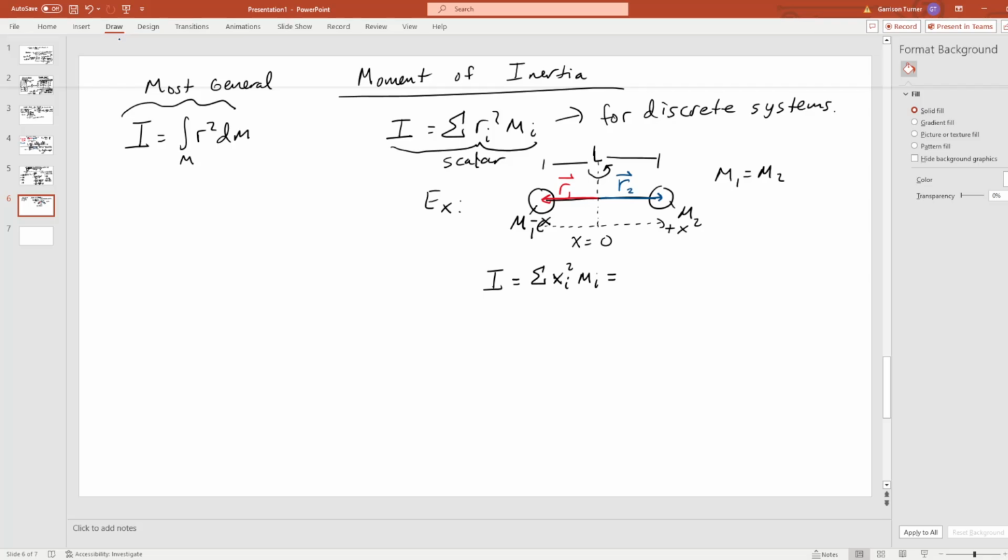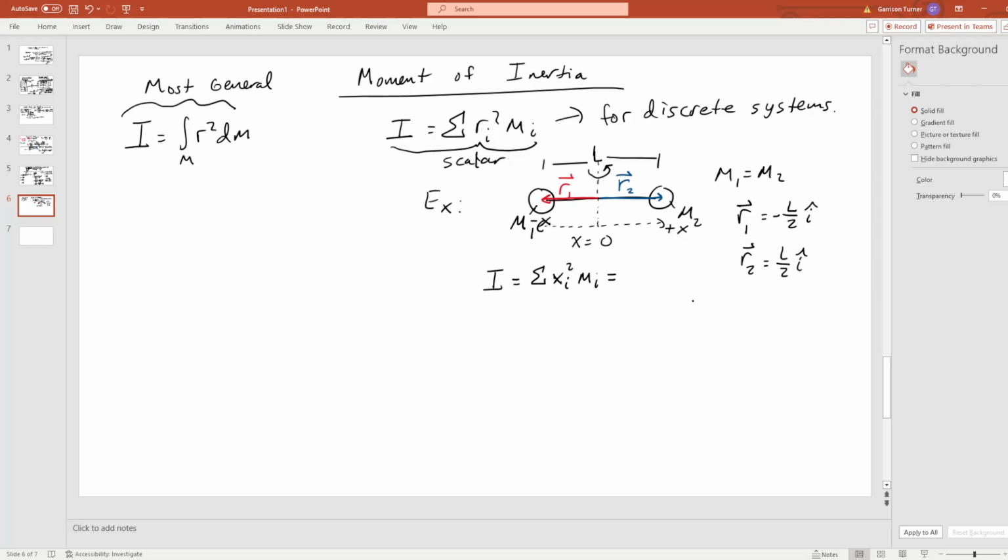And with that in mind, r1 is going to be negative L over 2 in the i hat direction, and r2 is L over 2 in the i hat direction.